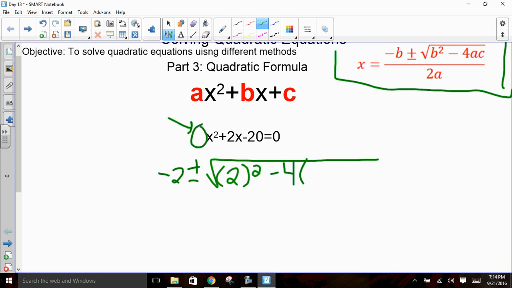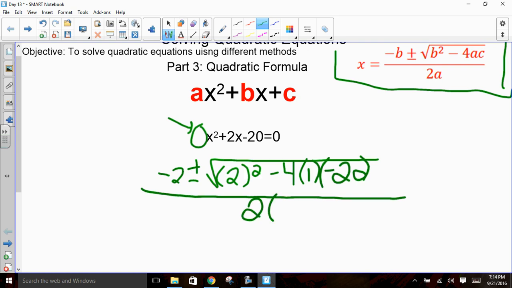Well, there's not a number showing in front of that x squared, but we all know it's that invisible 1. So negative 4 times 1 times c, which in this case is that negative 20. That whole kit and caboodle is divided by 2 times that a value, which again we said a was 1.